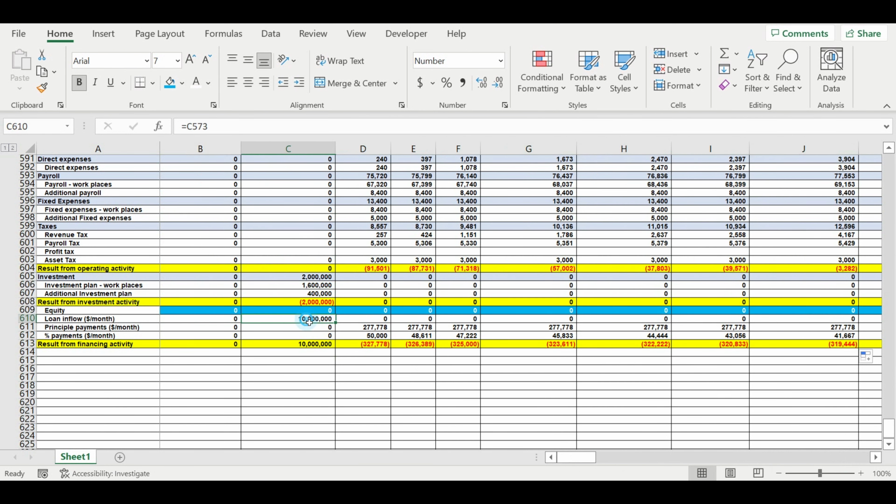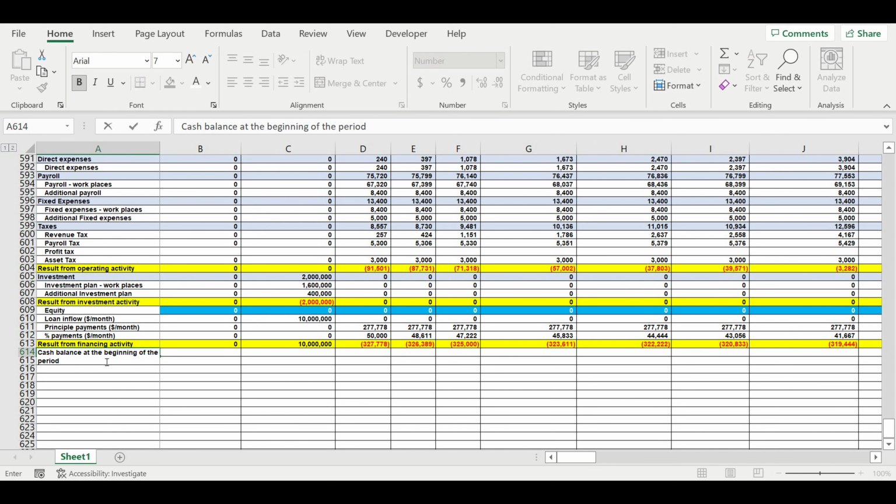So here we can see the loan, here we can see the payments for this loan, and then we calculate the cash balance at the beginning of the period.